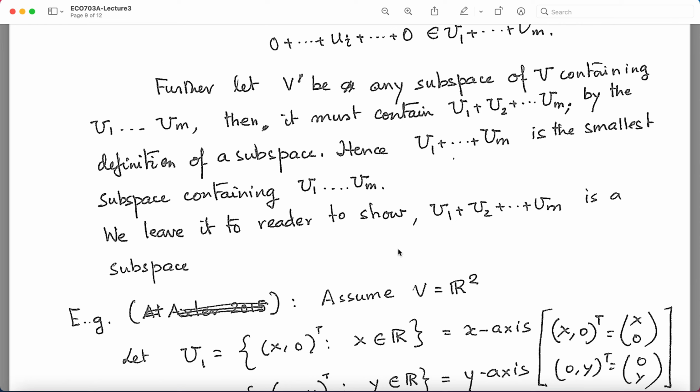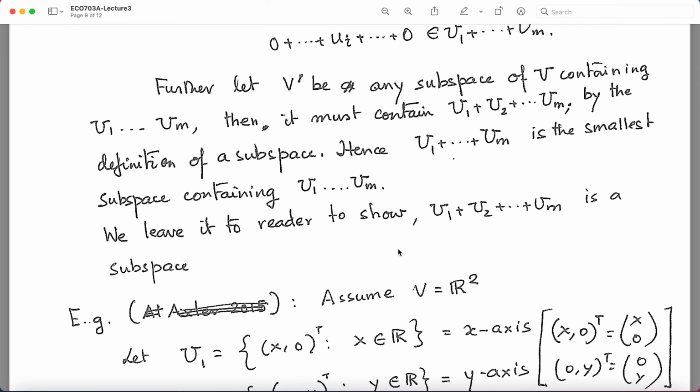Just for two spaces I gave a discussion, which may or may not be clear to you. You take two elements v and w from u1 plus u2. Now, you want to show that v plus w itself is in u1 plus u2. So, v is in u1 plus u2, w is in u1 plus u2.